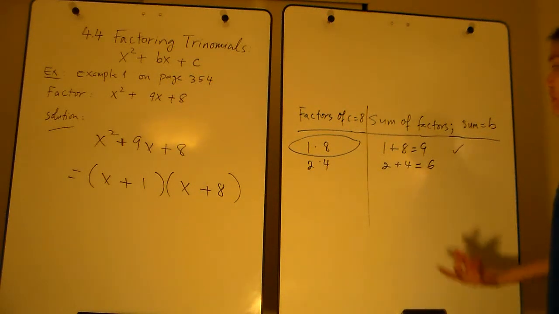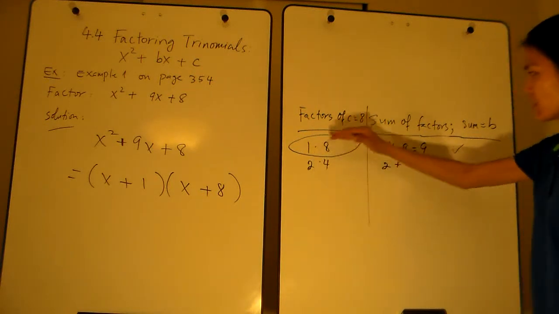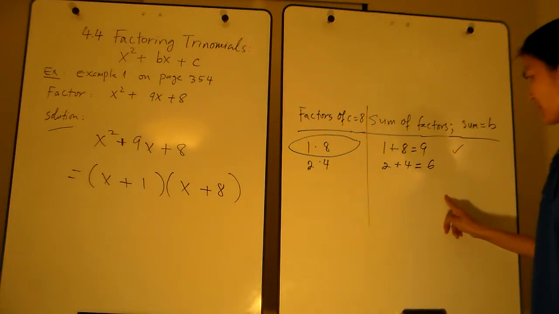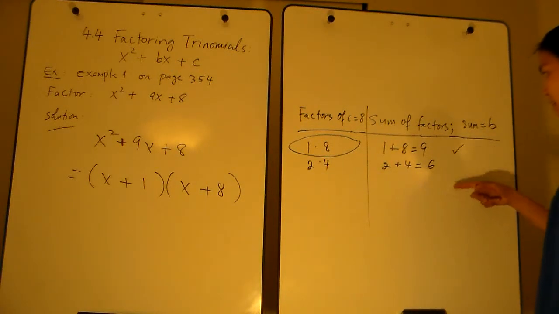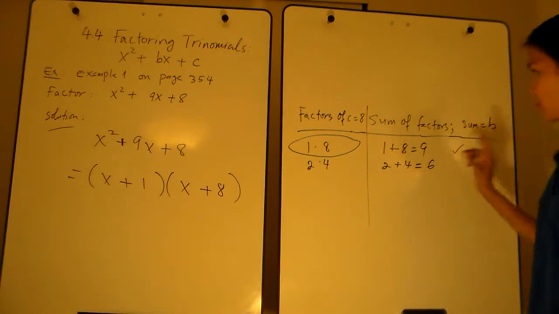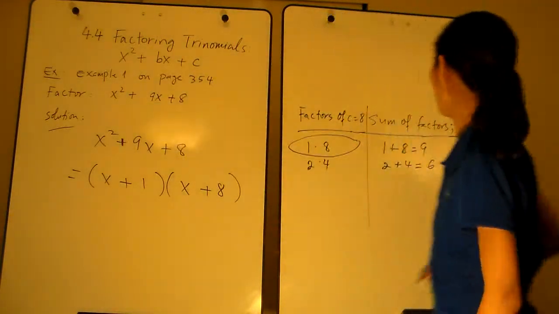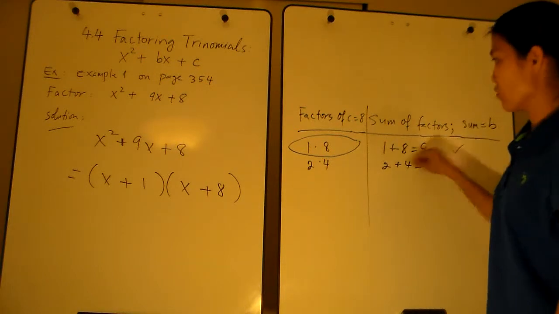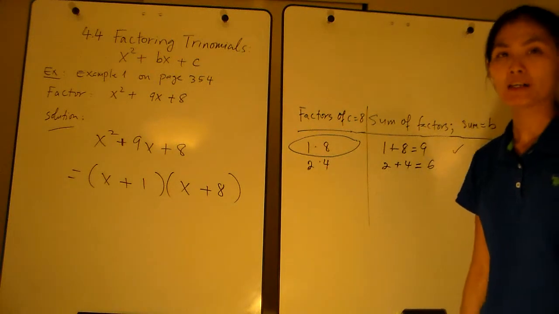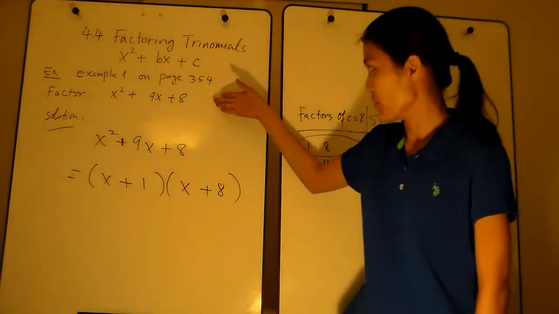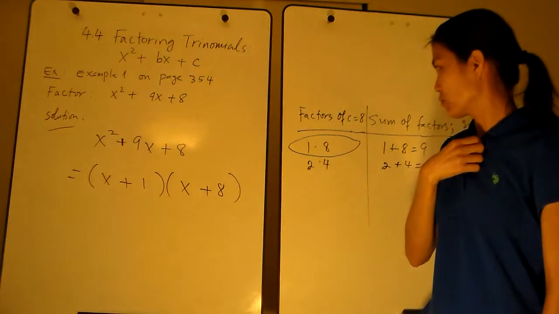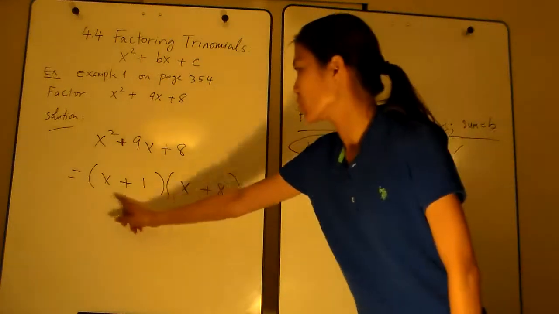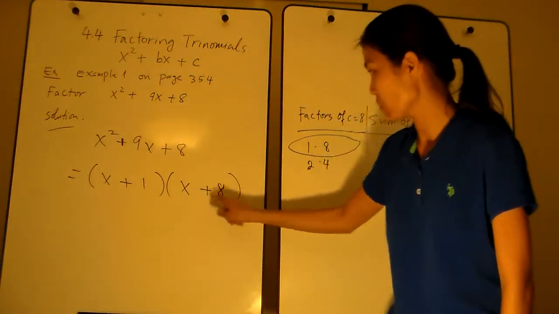And then after that, you take the sum of each factor case you found. 1 plus 8 is 9, 2 plus 4 is 6. And which case adds up to make the sum equal to b, which is 9? It turns out to be this case, 1 plus 8. Knowing that, you know that 1 and 8 are the true factors for factoring this trinomial. So we'll have x plus 1, okay, times x plus 8.